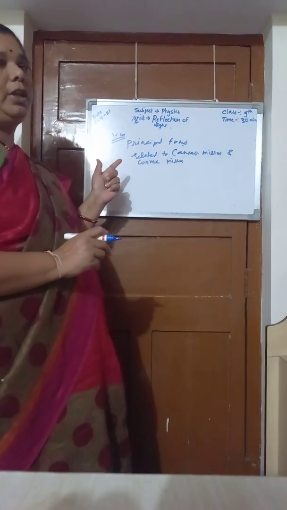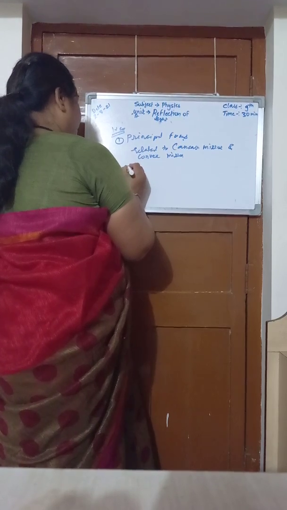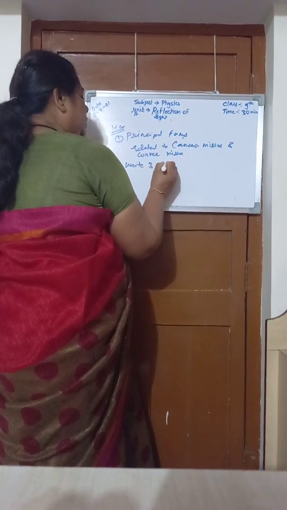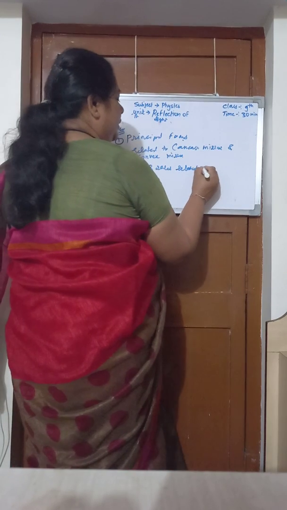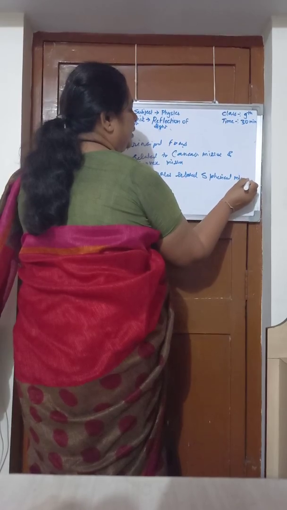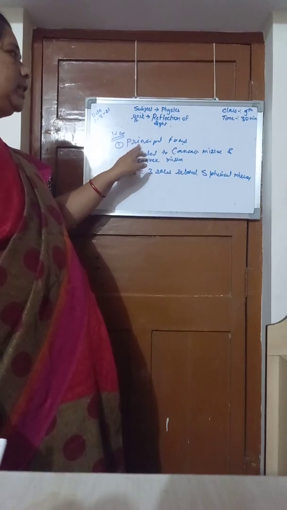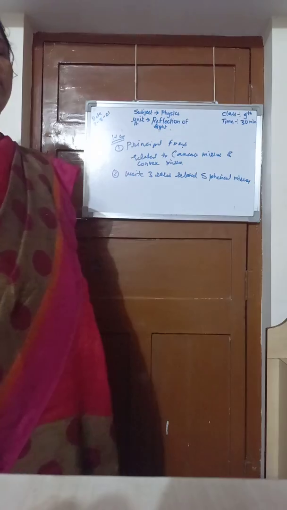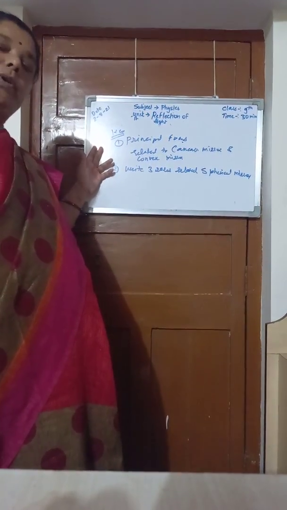Who will tell me the three rules related to the spherical mirror? This is your homework. First, define principal focus related to the concave mirror and convex mirror. Secondly, write the three rules related to the spherical mirror. Okay. Thank you very much.